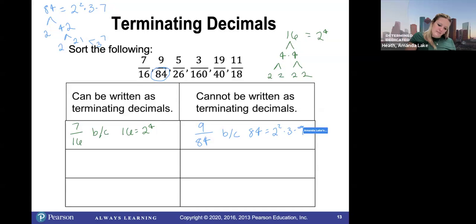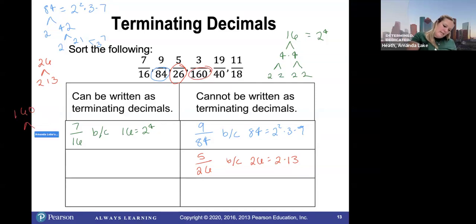All right. Next on the list is 26. 26 is 2 times 13. 13 is prime. So we also have a factor of 26 that's not 2 or 5. Okay, 160. 160 is the same thing as 10 times 16. 10 is 2 times 5. 16 is 4 times 4.